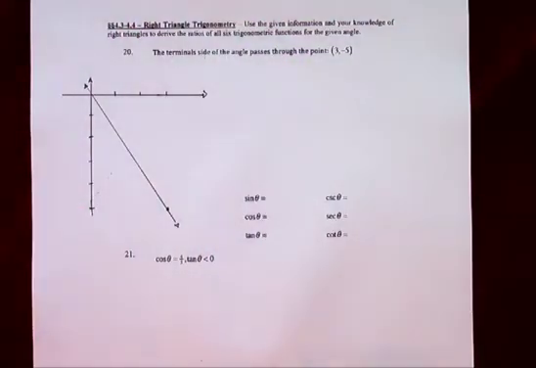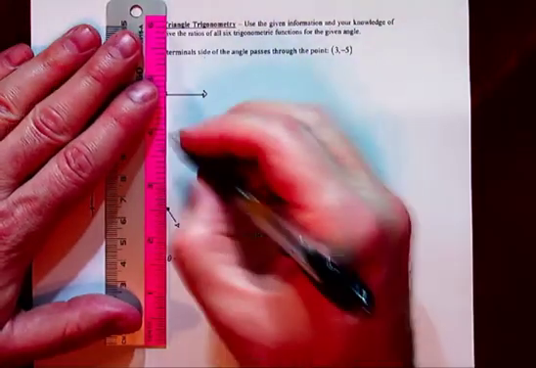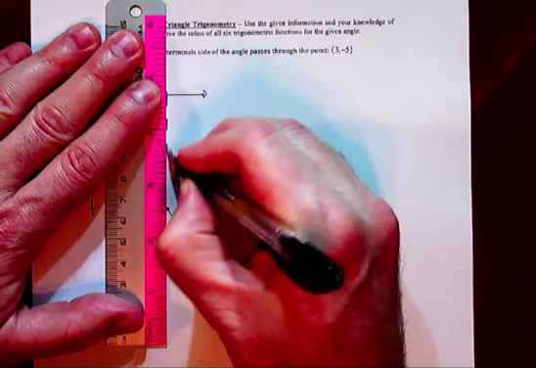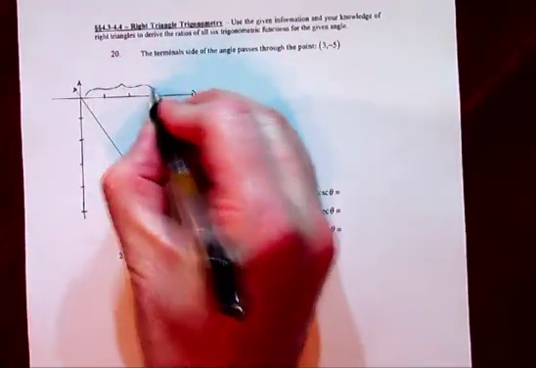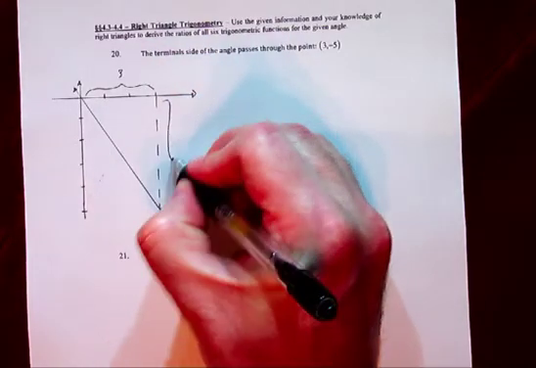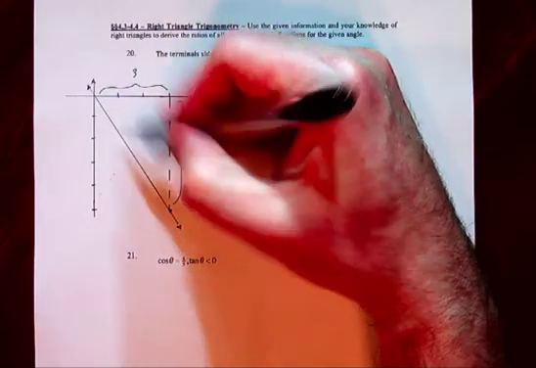So it's not a 3, 4, 5 right triangle unless the 5 is the hypotenuse. And so in this case, it's not, right? Your x value is 3. Your y value is -5. This can't be 4, right?